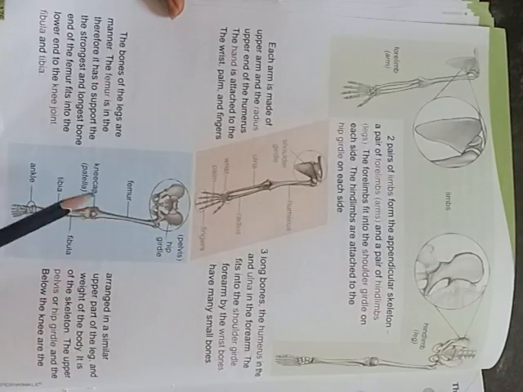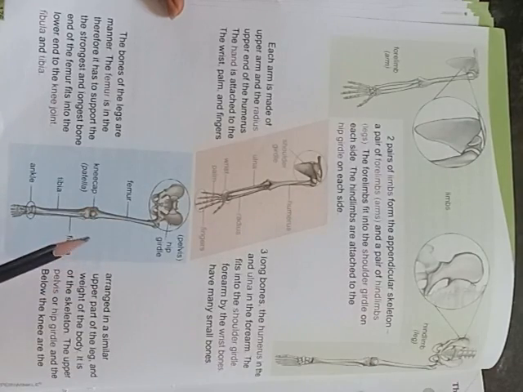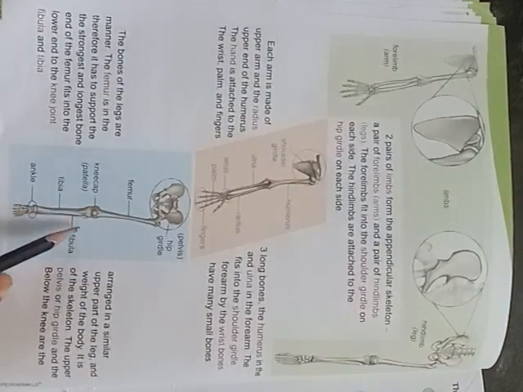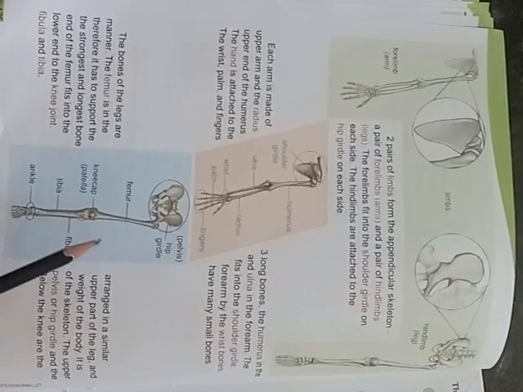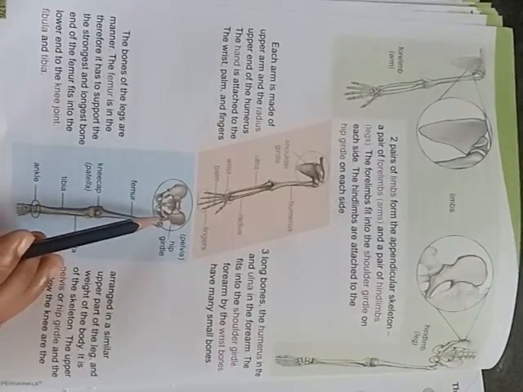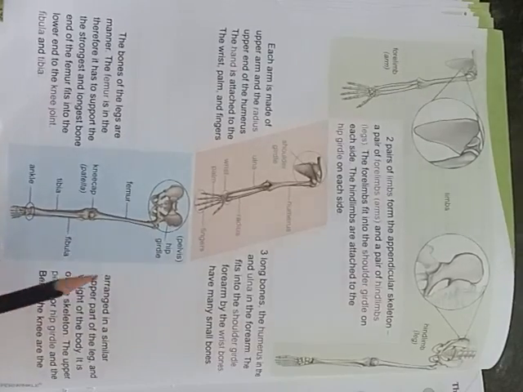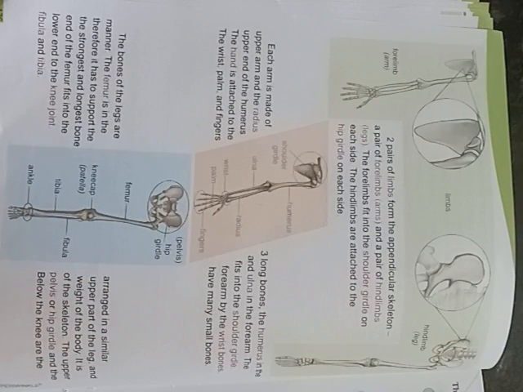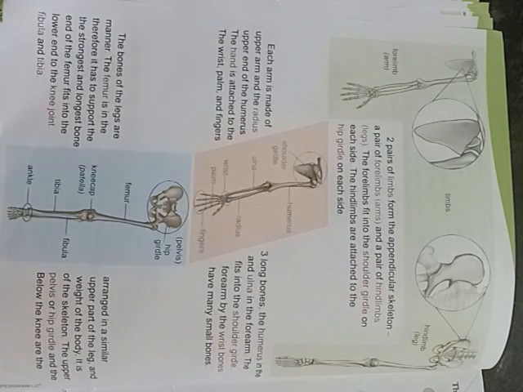The upper end of the femur fits into the pelvis or hip girdle. This is hip girdle, and the lower end goes to the knee joint. Below the knee are the fibula and tibia.